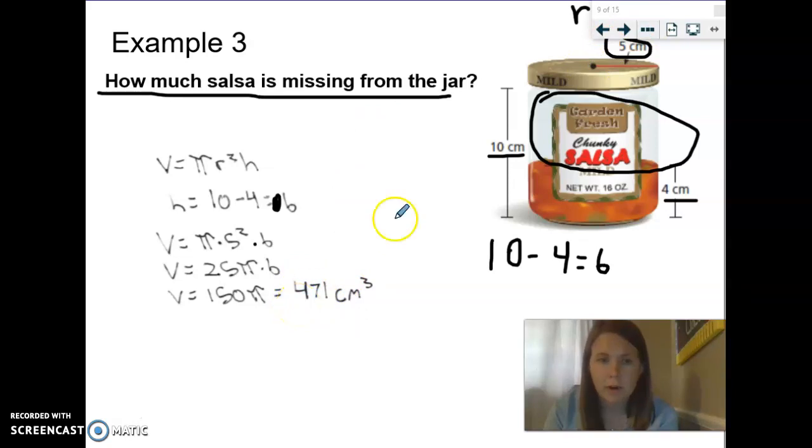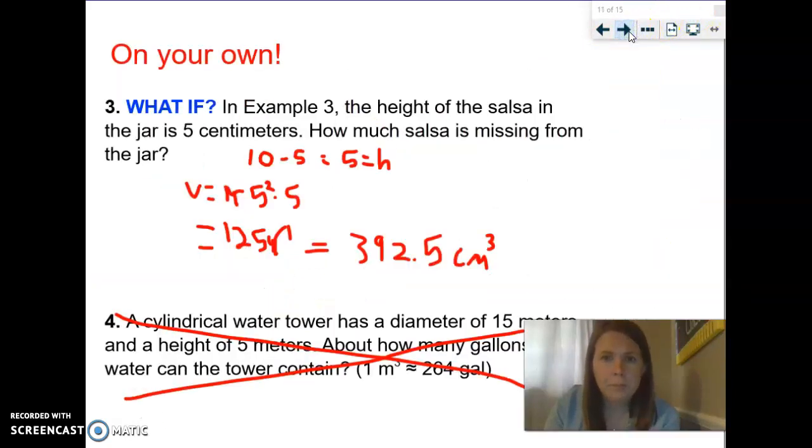With volume, it is tricky to make sure measurements are the same. It really depends on if you're using 3.14 for pi, or 22 over 7, or if you actually use the pi symbol, or 3.141592659, I think. It depends on how many digits of pi you're using and where you round it.